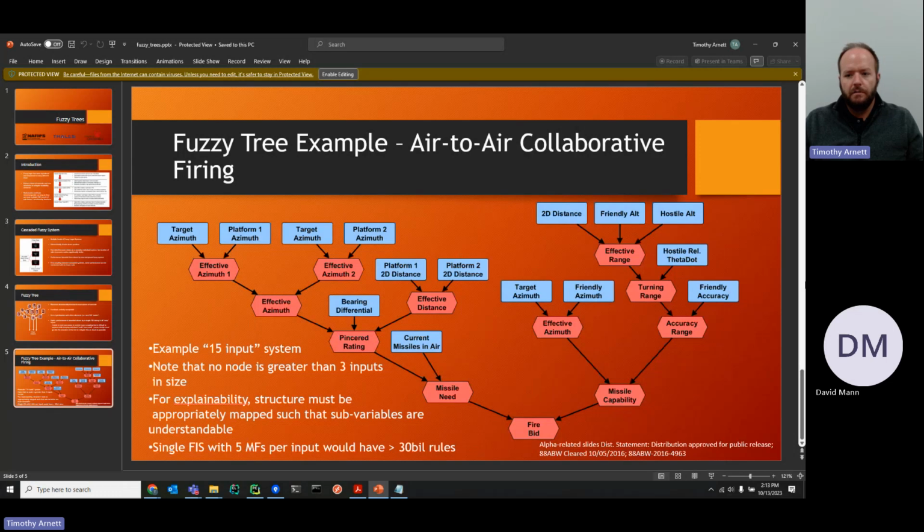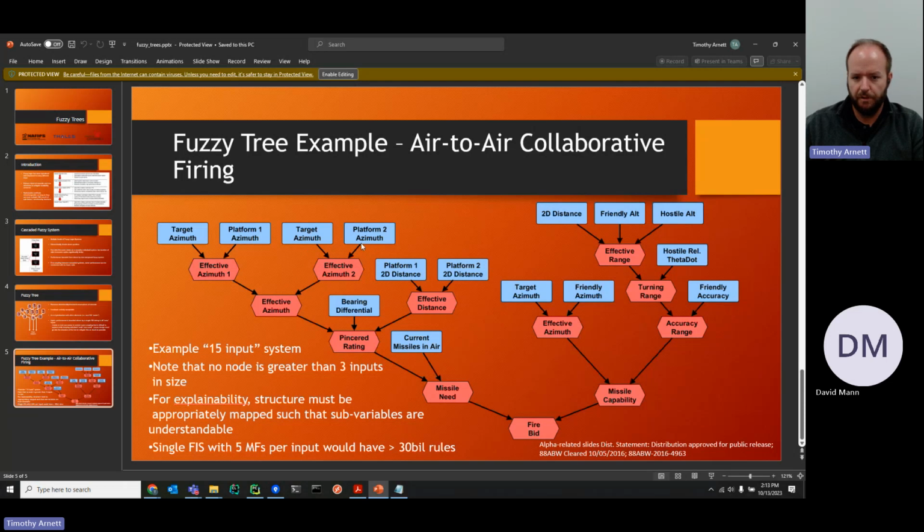To give a concrete, non-notional example, this is a fuzzy tree that was developed for an air-to-air combat collaborative firing decision-making system quite a few years ago. This is an example of a system that takes in a number of different variables.